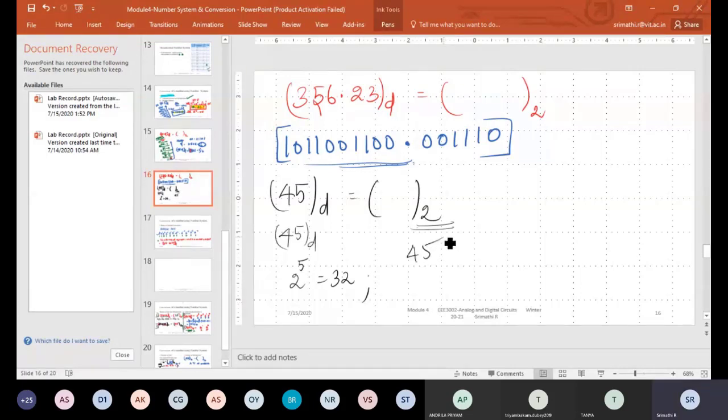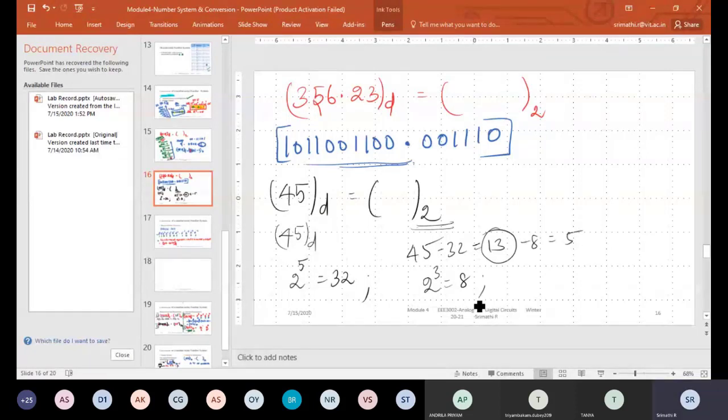It is 13. Now again I need to write this 13 in terms of 2 power. 2 power 3 is 8, because 2 power 4 goes to 16. So now 13 minus 8, I will be getting 5.